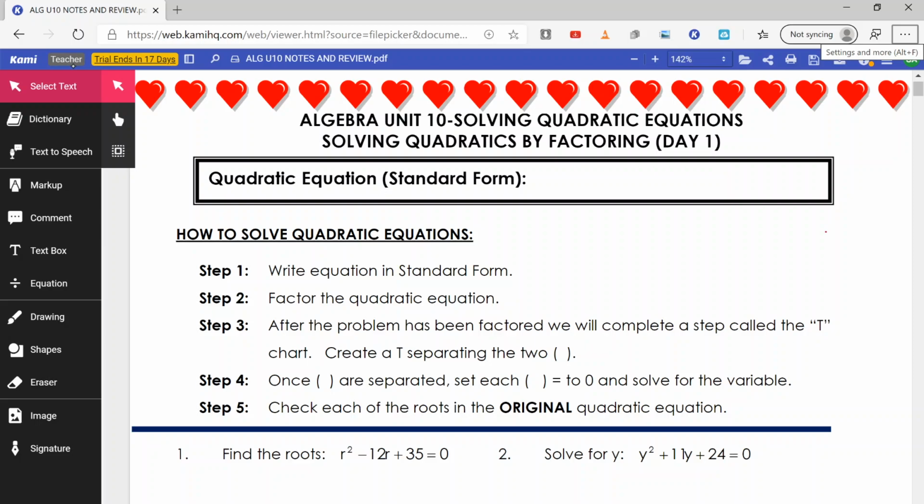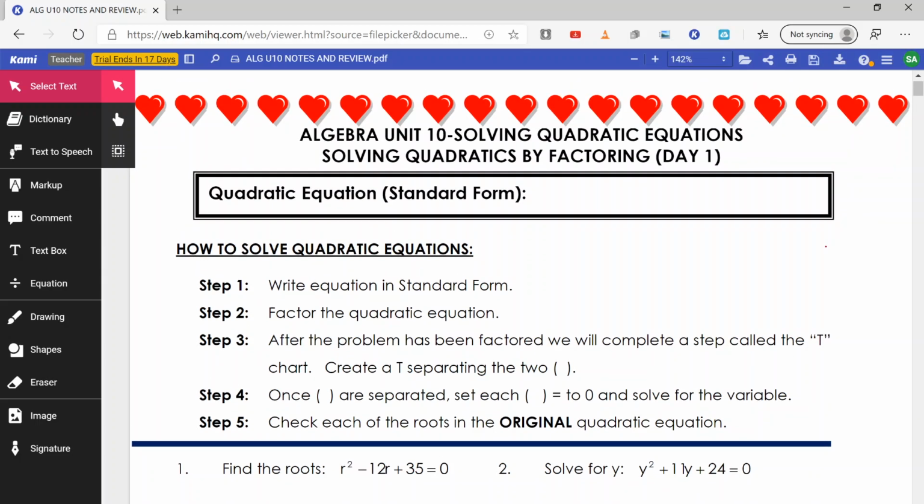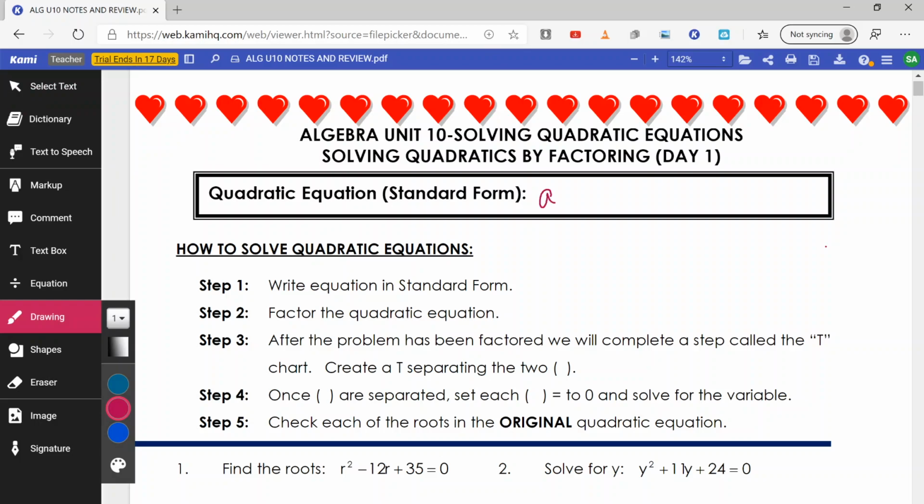The standard form for a quadratic equation is known as ax squared plus bx plus c equals 0. So this is the format that we want our equation to be in if we are going to use the factoring method to solve. So a, b, and c are just some random numbers that they happen to give in our problem.